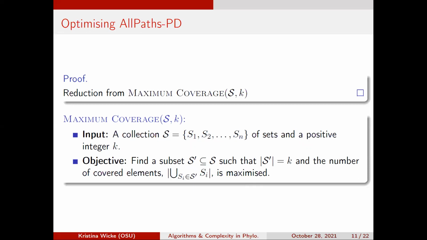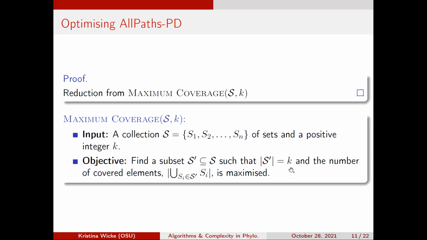So maximum coverage is a well-known NP-hard problem that goes as follows. We are given a collection S of sets, so S in this case is a set of sets, and some positive integer K. And now the aim is to find a subset S prime of S containing K elements.